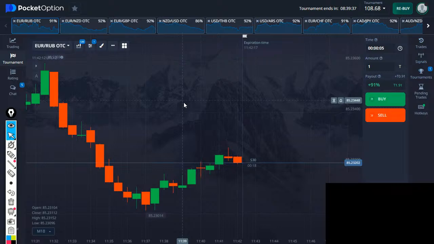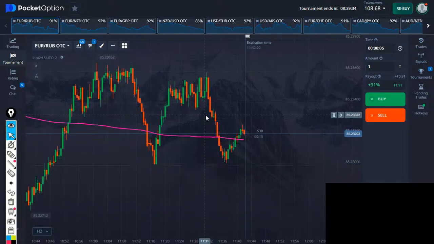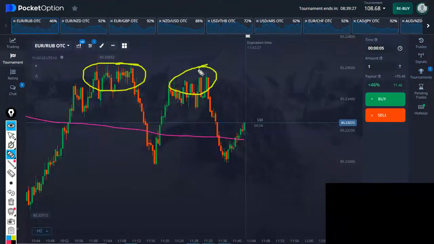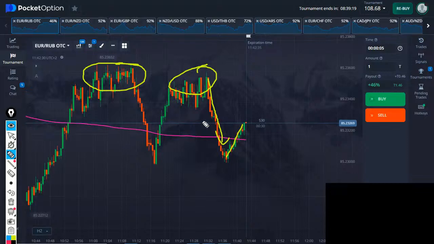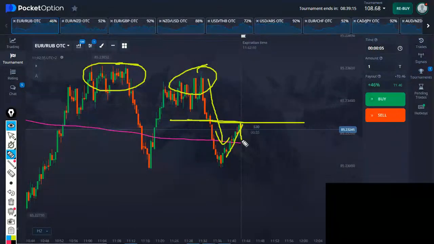Okay, so let's see. So here you have a supply area with a huge drop. Now this might be a retracement. So if you are a Fibonacci guy, this is your 50% level, and here it is rejecting from it.